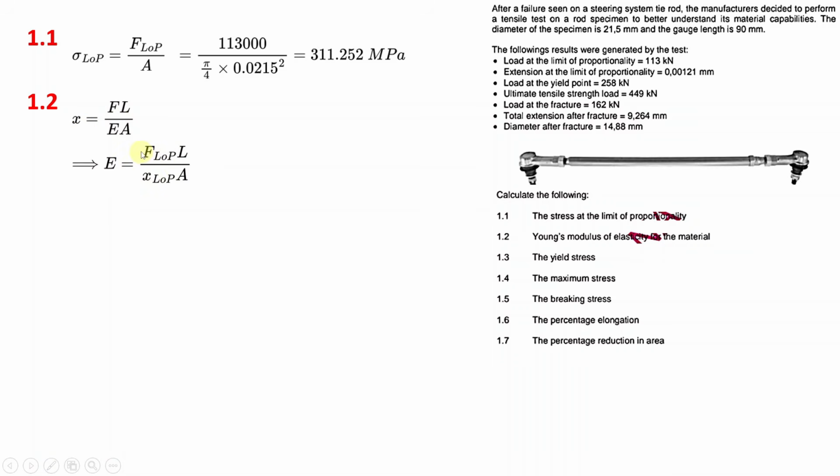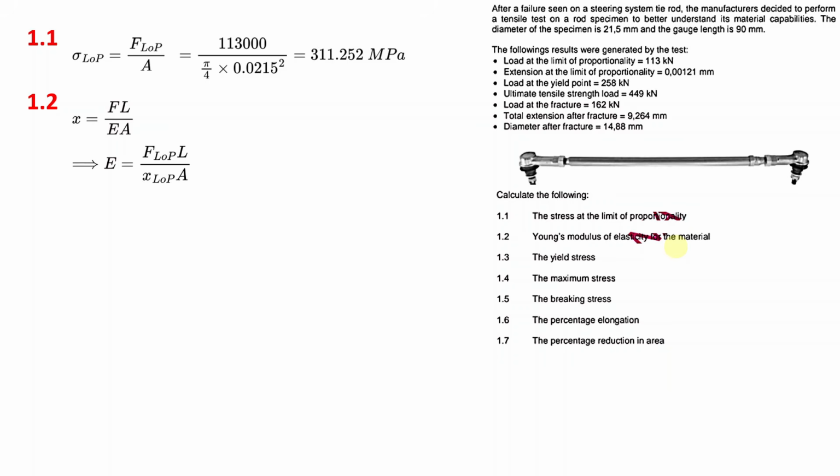To get the Young's modulus, you must be within the elastic limit, within that range, not beyond. You need to use data before the limit of proportionality or at the limit of proportionality. Any data there will help you get the Young's modulus.